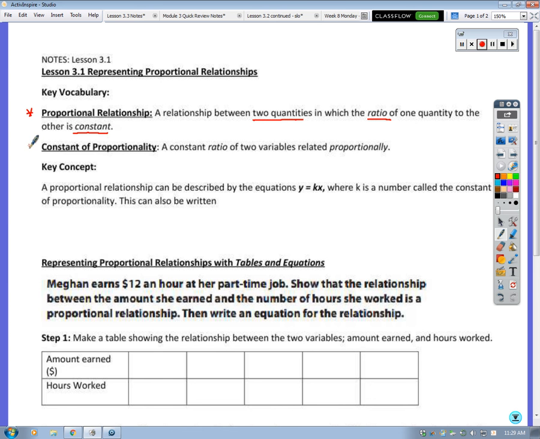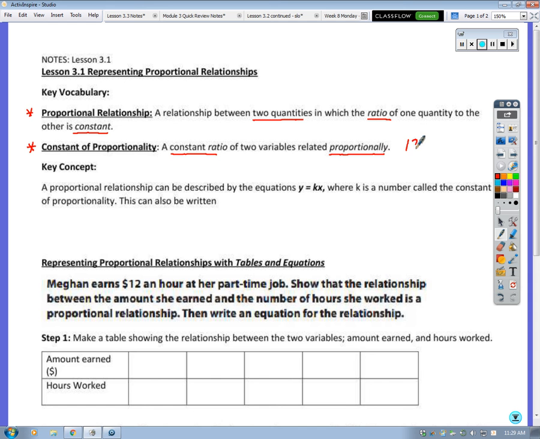The second thing that we're looking at is a constant of proportionality. And that is a constant ratio of two variables related proportionally. Proportionally, again, is saying that you can set something equal to something else, that they are equivalent, that you can make equivalent fractions out of them. Again, that is an example of vocabulary review from the previous lesson.